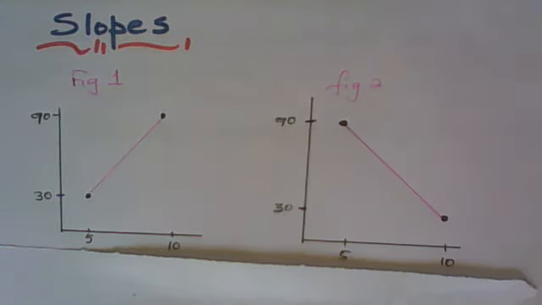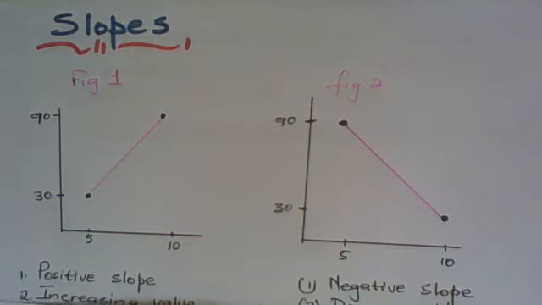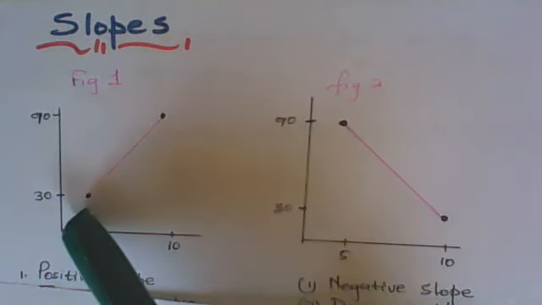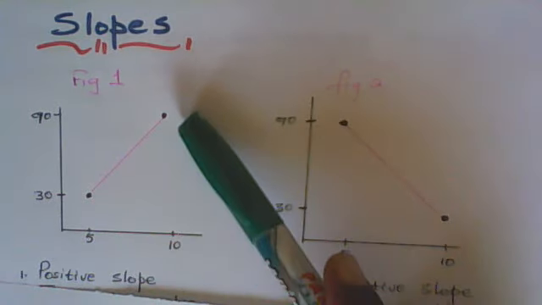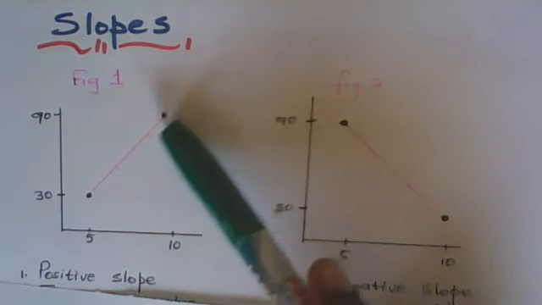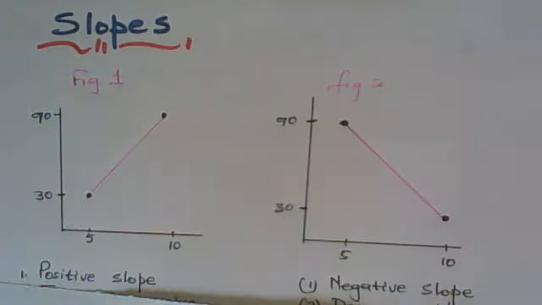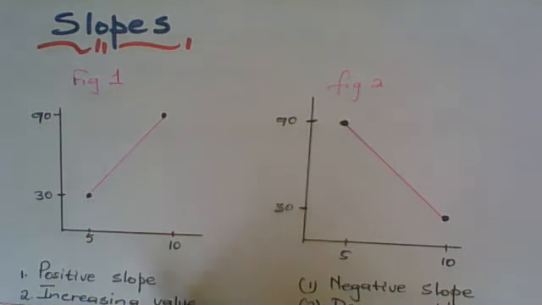In finances, it will be increasing from the smallest amount to the bigger amount. So the gradient or the slope will be positive. If it's positive, that means the value is increasing.